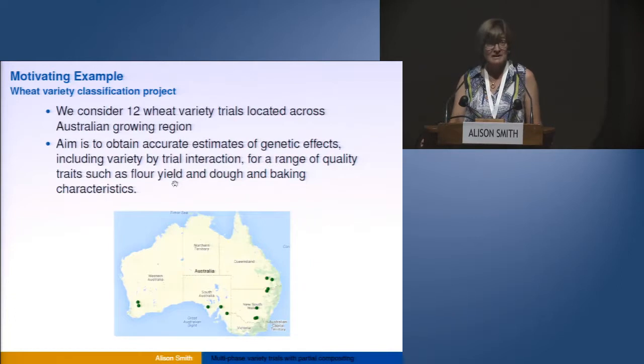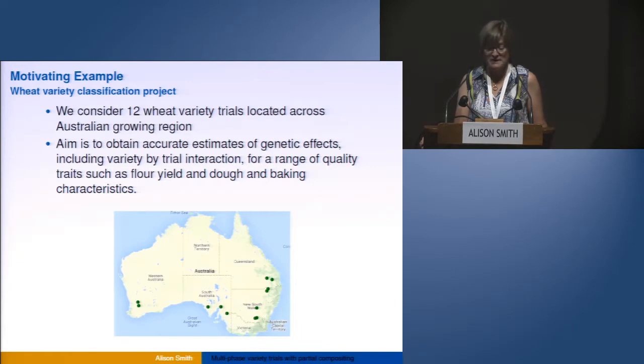And as I say, this is work that's happening right at this very moment, and it's connected to a project, and I'm going to talk about a small portion of that project today. That project relates to a series of variety trials that are happening across Australia, and you can see the locations here. They span the entire growing region of the country, which is pretty substantial.